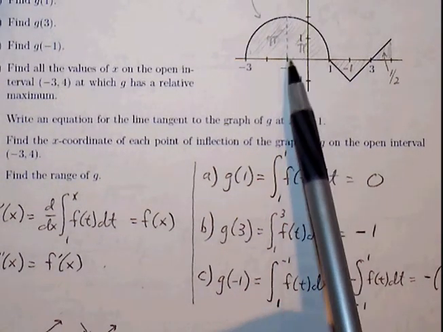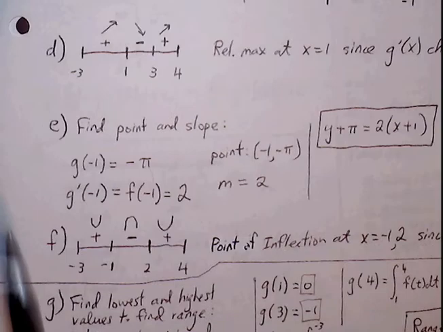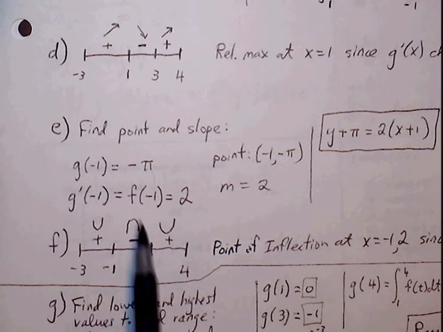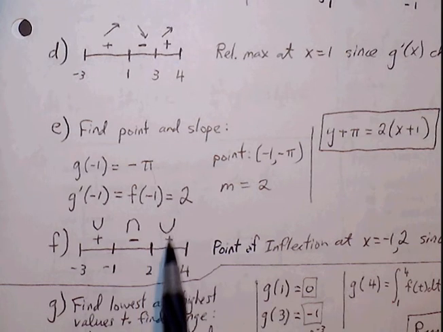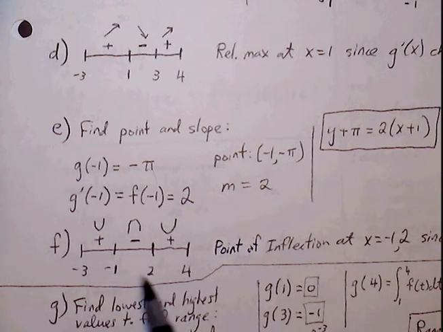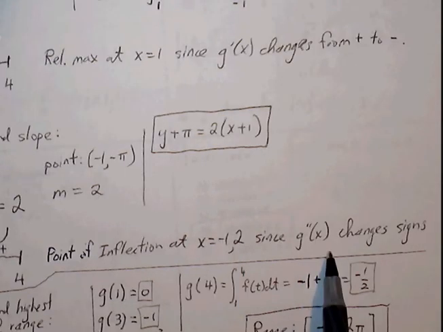So we know our critical points are at -1 and at +2. And we can just make our sign line. Positive slope represents concave up, negative slope represents concave down, and then positive slope, concave up. Therefore, the points of inflection are at -1 and 2, since g double prime changes signs at those values.